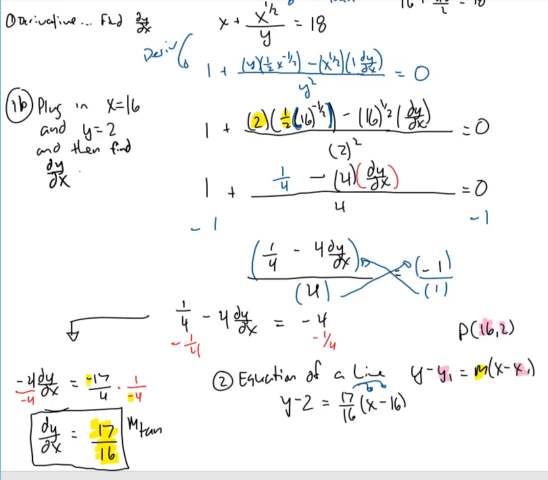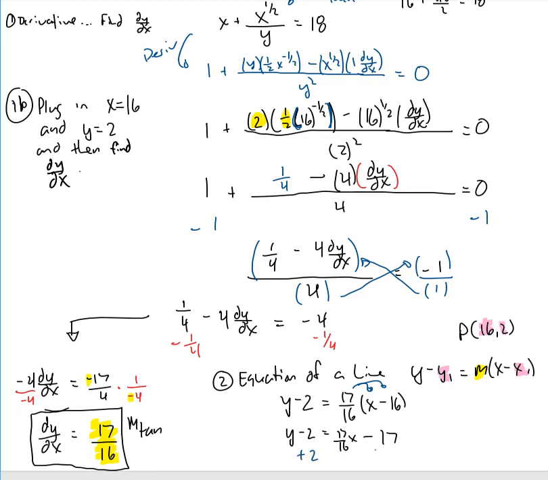We've got y minus 2 equals 17/16 x minus, now 17/16 and the 16 multiply. The 16 in the denominator and the 16 up top would reduce, and we would have just minus 17 left over. Okay, and then now all I have to do is add the 2 on over, and we're done.